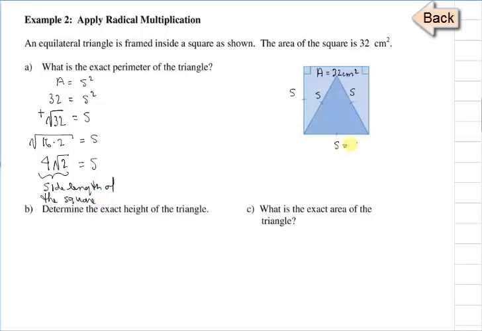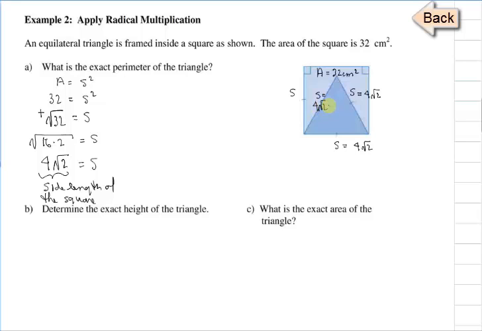So let's write that over here. s is equal to 4 square root of 2. And as we've already discussed, all the sides of our equilateral triangle are the same, so each side is 4 root 2.